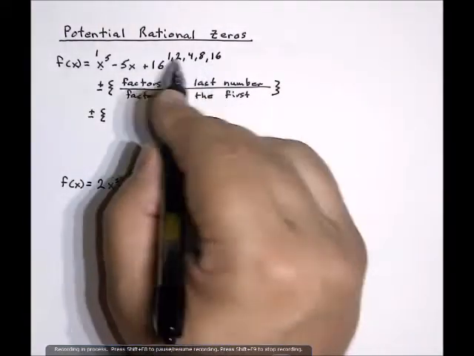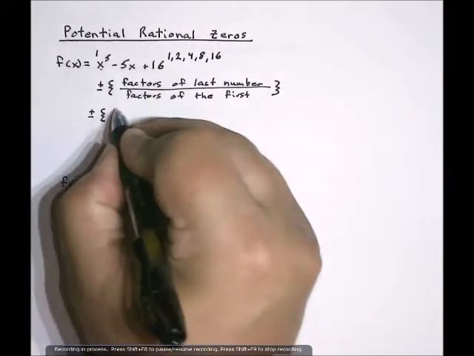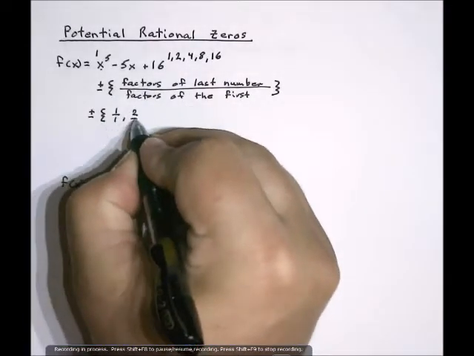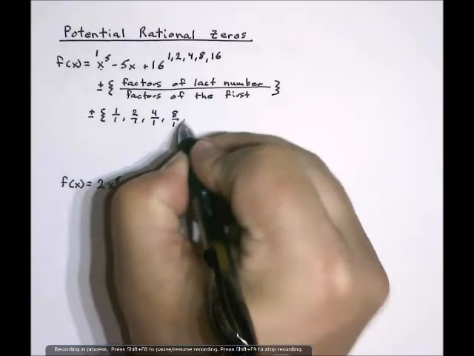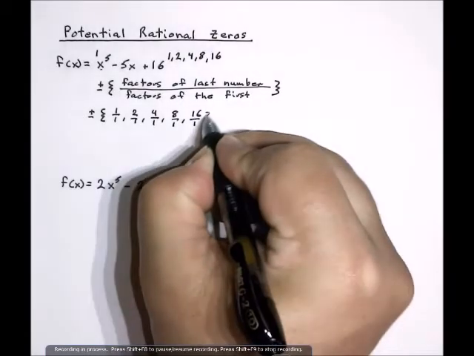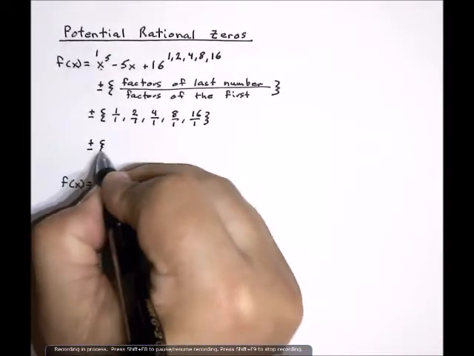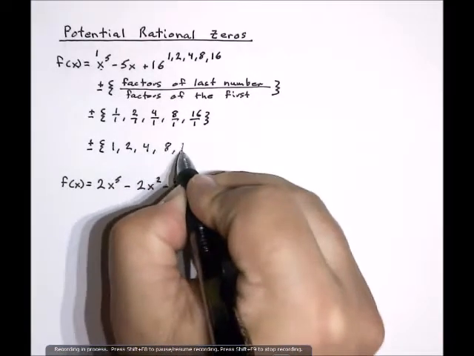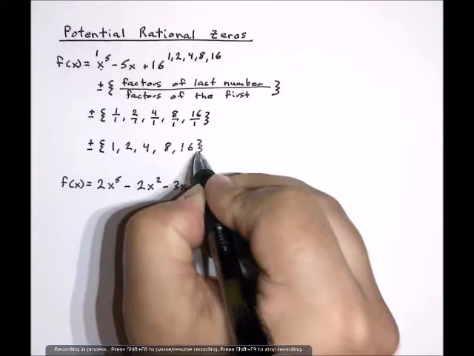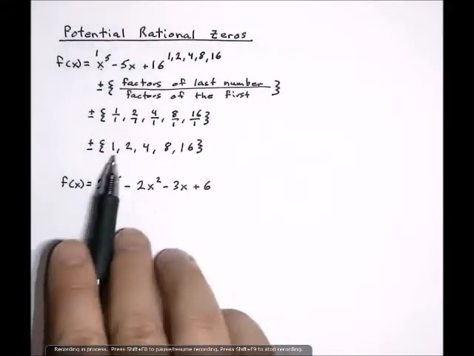So all the combinations of these factors over this factor, so 1 over 1, 2 over 1, 4 over 1, 8 over 1, or 16 over 1. And then all you have to do is simplify. And again, these aren't guaranteed to be zeros, but you do know that if you have a rational zero for this equation, it will come out of this list.